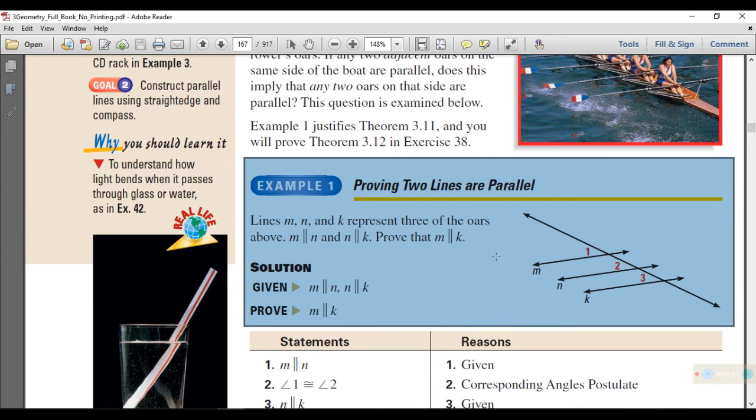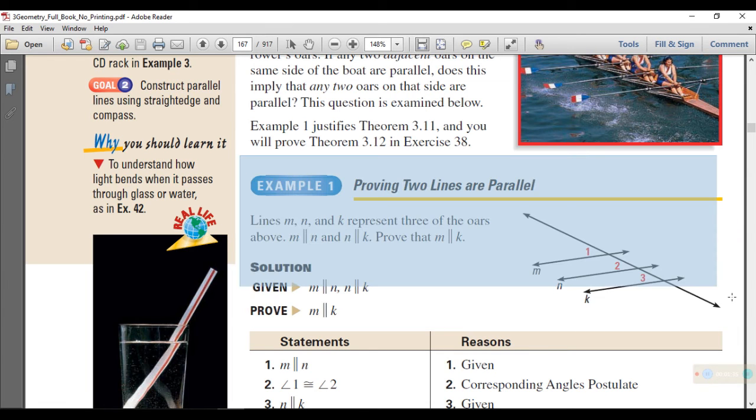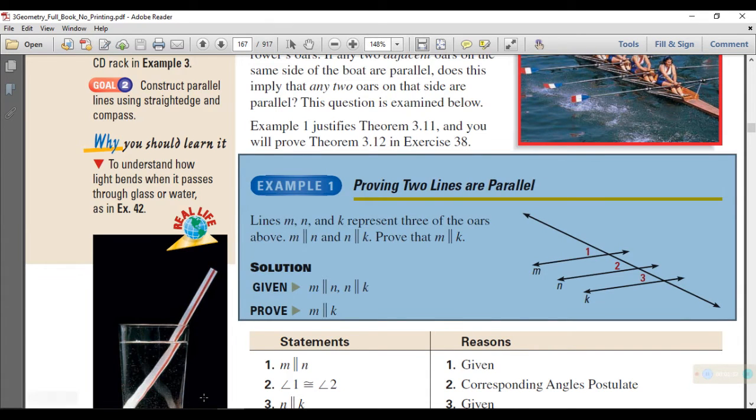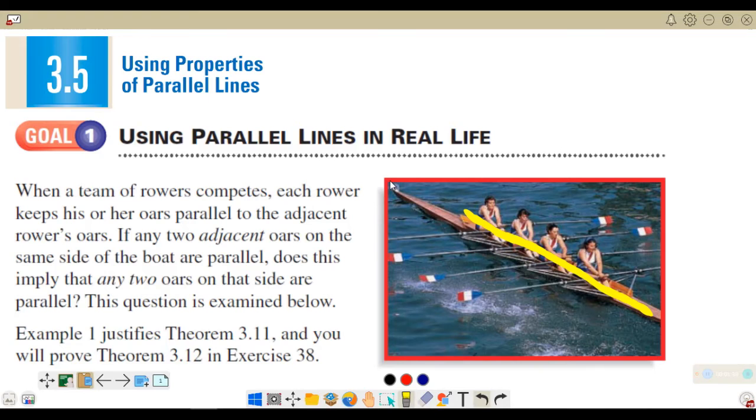So, punta tayo dun sa given na example. This is example number 1. Let me just copy it and then explain it step by step.